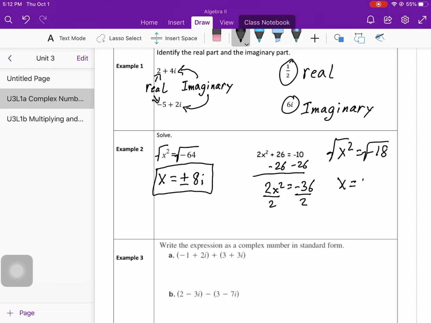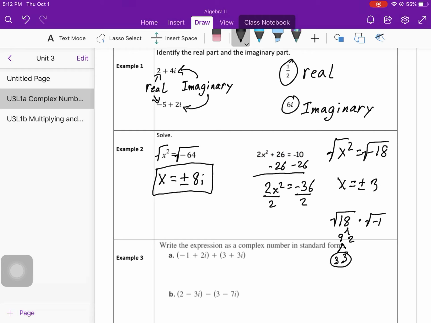We get x equals plus or minus, because we're taking the square root, so that's where the plus or minus situation comes in. We'll probably talk about that in more detail in class. The square root of -18, if I think of that as the square root of 18 times the square root of -1, 18 breaks up into 9 and 2, and then 9 breaks up into 3 and 3.